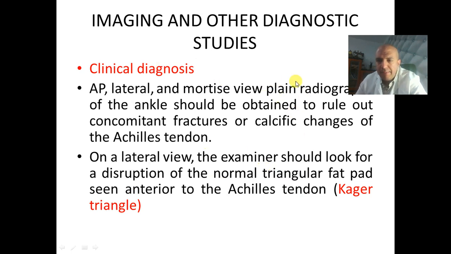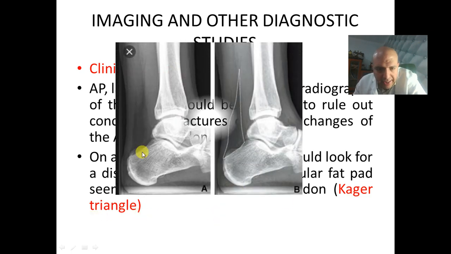Regarding imaging studies, you have to know that Achilles tendon rupture is a clinical diagnosis. But I will still do X-ray AP and lateral to exclude other bony injuries. There is also another sign, Kager's triangle. Kager's triangle is a fat band in front of the Achilles tendon.